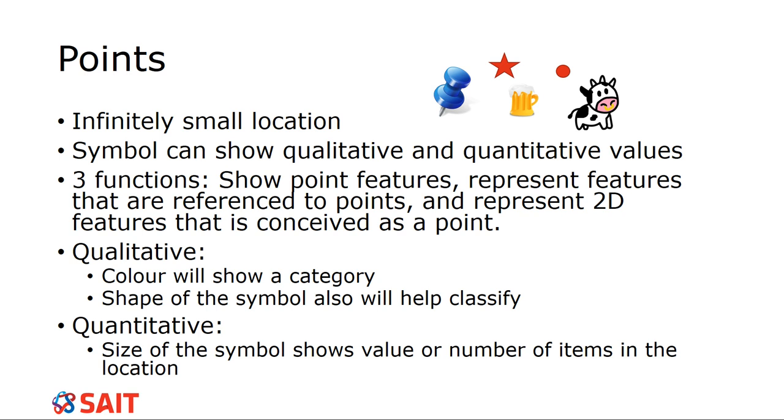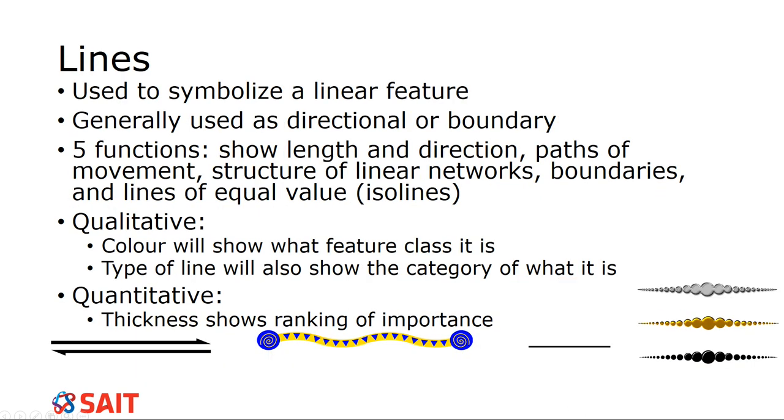And you can show all kinds of statistics with graphs. I don't have an example here, but that is another type of point symbol that you can use. And it provides additional information. You can still change the color, you can still change the shape of it, you can still change the size of it. And it all shows different information. So point symbols are really complex. They're simple, but they're complex.